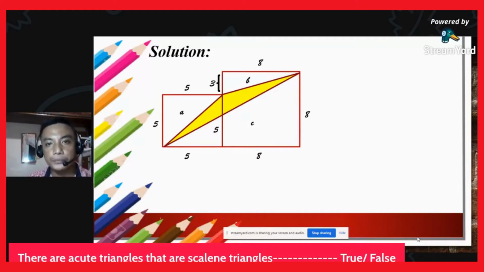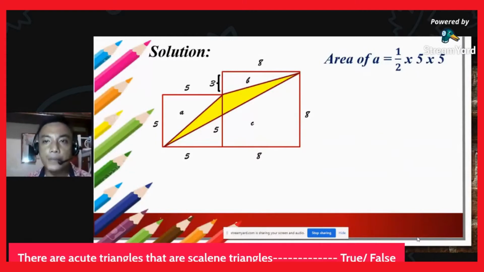We have area is simply equal to 1/2 times base times height. For the area of triangle A, we have 1/2 times 5 being the base and 5 being the height. If you solve that, that is 1/2 times 5 times 5. The area of triangle A is 12.5 square centimeters.